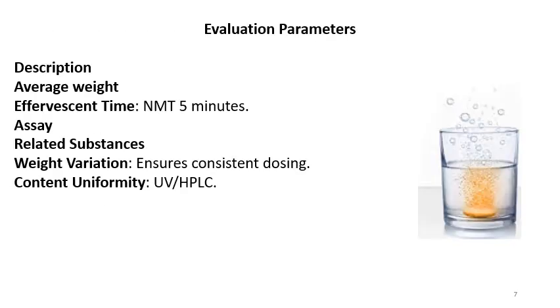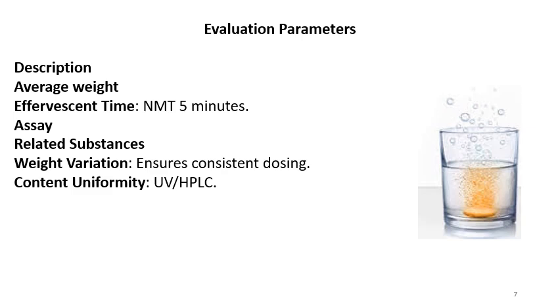Evaluation parameters or quality control parameters for effervescent tablets are description, average weight, effervescent time, which is generally 5 minutes, assay, related substances, then weight variation, content uniformity, and other parameters like assay of the preservatives if preservatives are used, and assay of the stabilizers if stabilizers are used.